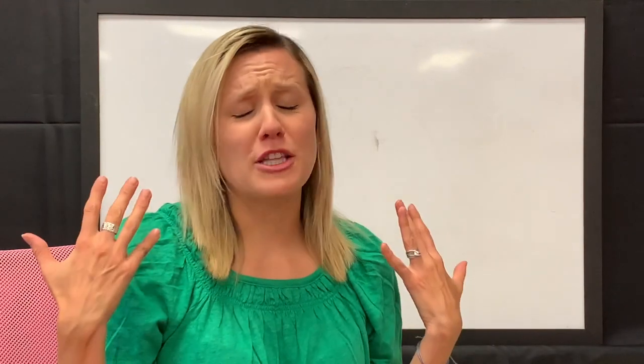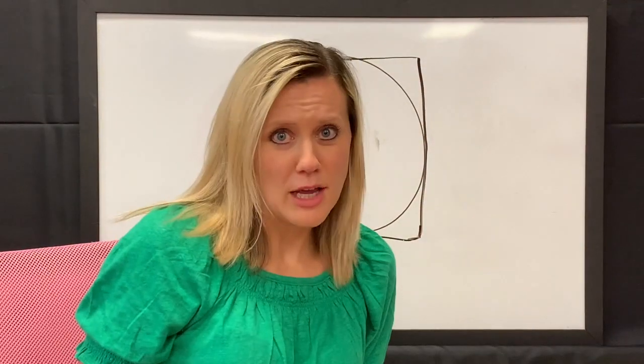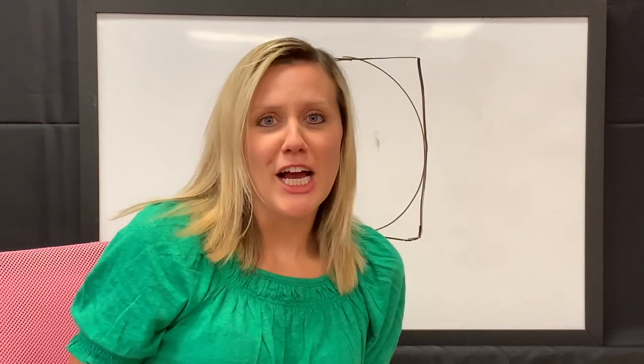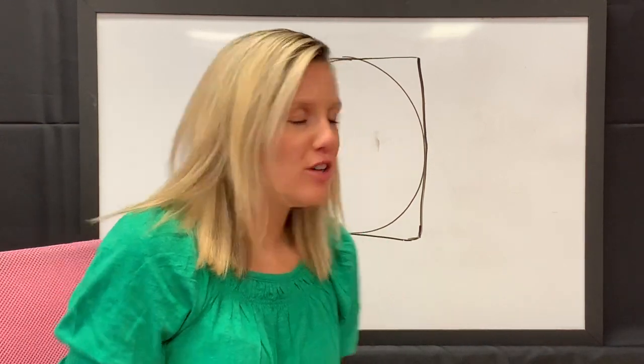Now, before I just throw out the formula, I want to give you a very quick visual. Pretty fast, huh? Okay, now I'm going to draw in the radius of this circle.